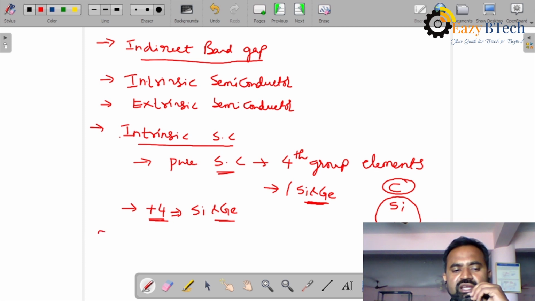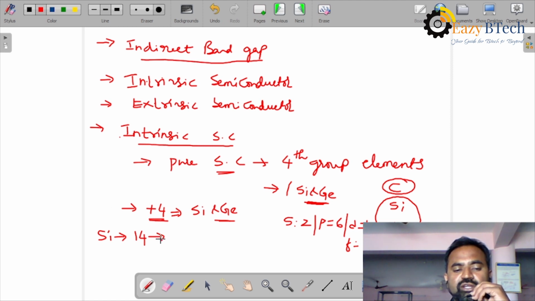Suppose we take silicon, atomic number 14. We have the shells: the s shell has 2 electrons, the p shell has 6 electrons, the d shell has 10 electrons, and the f shell has 14 electrons.